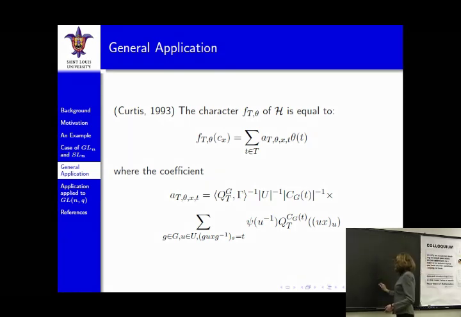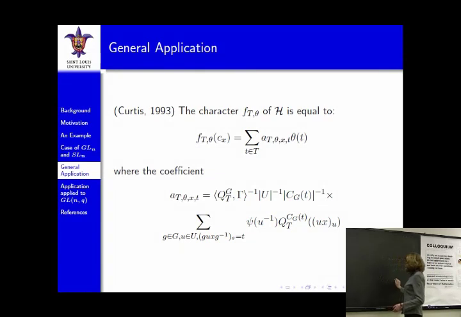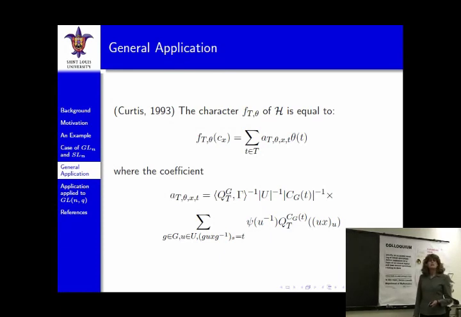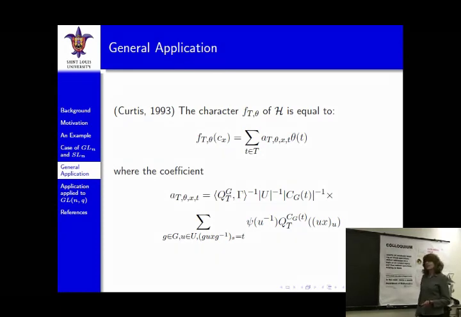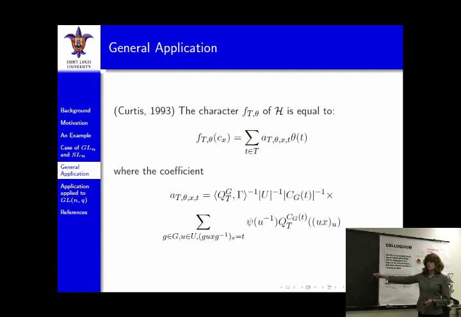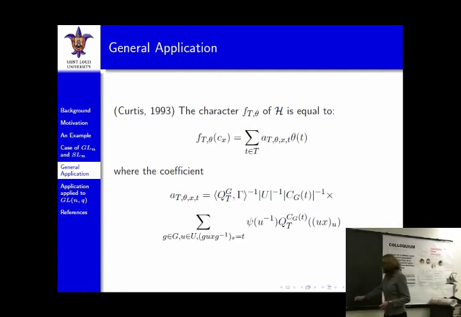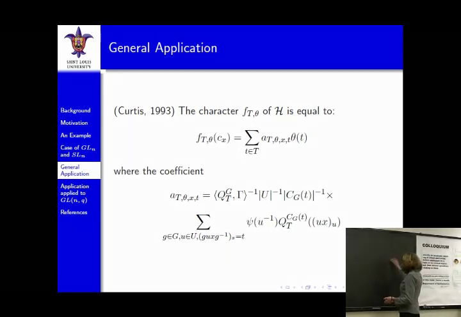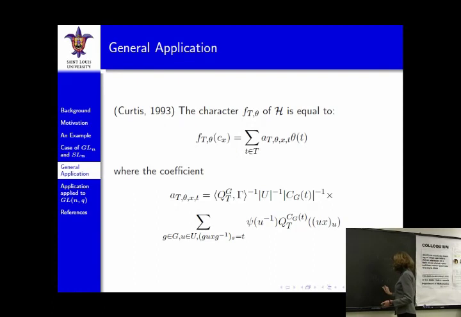If you take U and mod out by its commutator subgroup, you can figure out what the linear characters are by looking at this group. The characters of this are the same as the non-trivial linear characters of this.